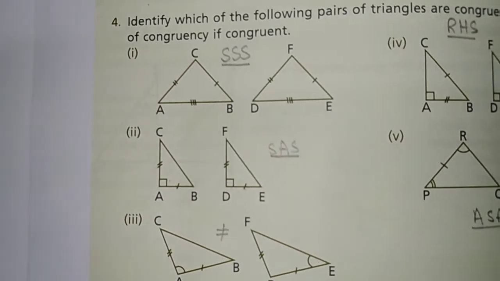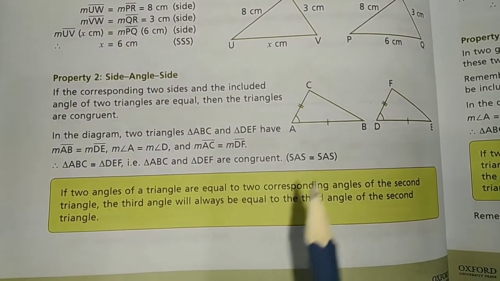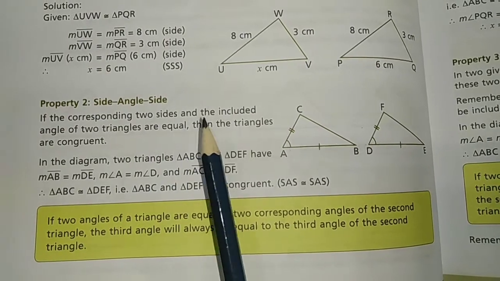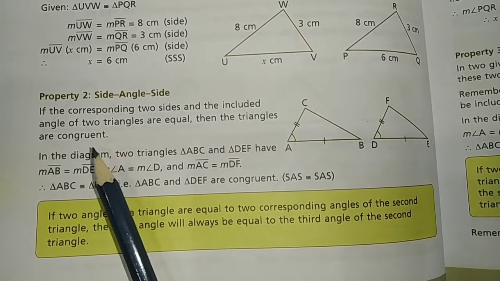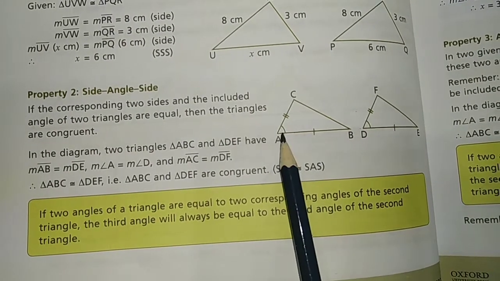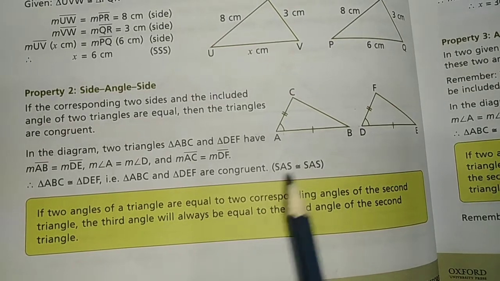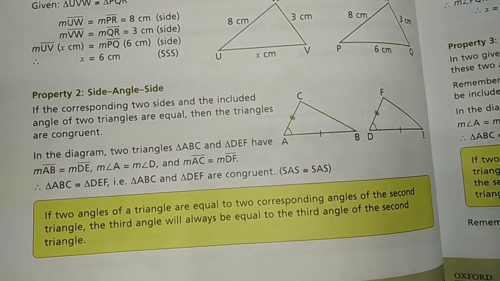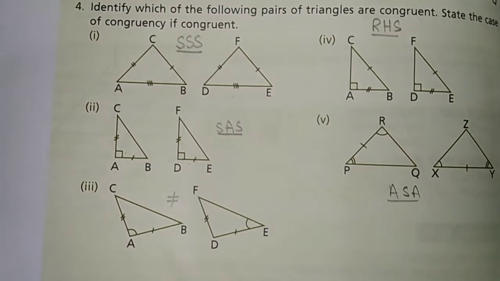So according to this property side, angle, side, if the corresponding two sides and the included angle of two triangles are equal, then the triangles are congruent. If the two sides and the included angle are equal to the other triangle, then these two triangles are congruent. So this is the SAS. So we write this is the SAS property.